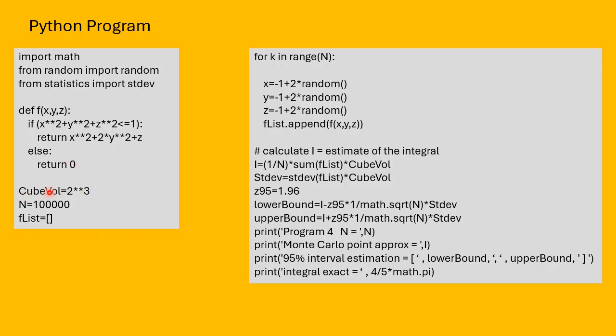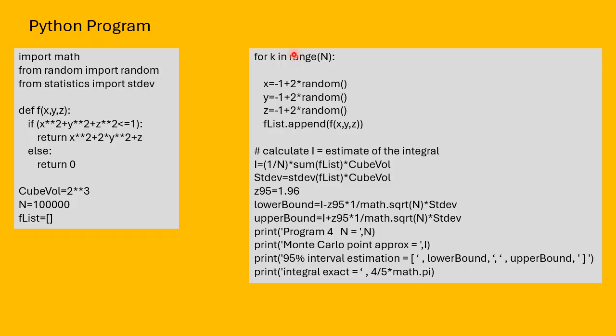The cube volume is 2 cubed, since each side of the cube has length 2. So the cube volume is 8. The sample of points we'll take inside this cube will have sample size 100,000, and we're going to make a list of values for the integrand at these 100,000 points we're randomly choosing.